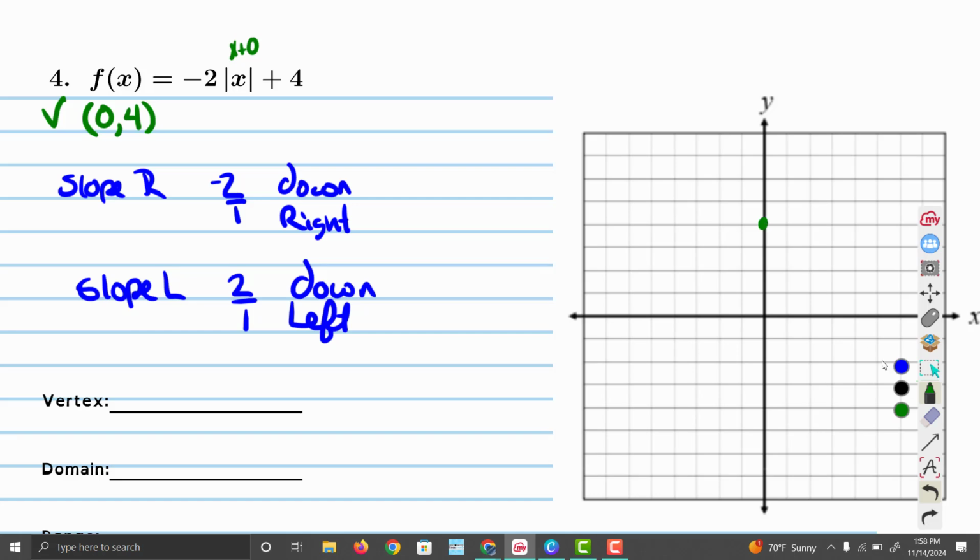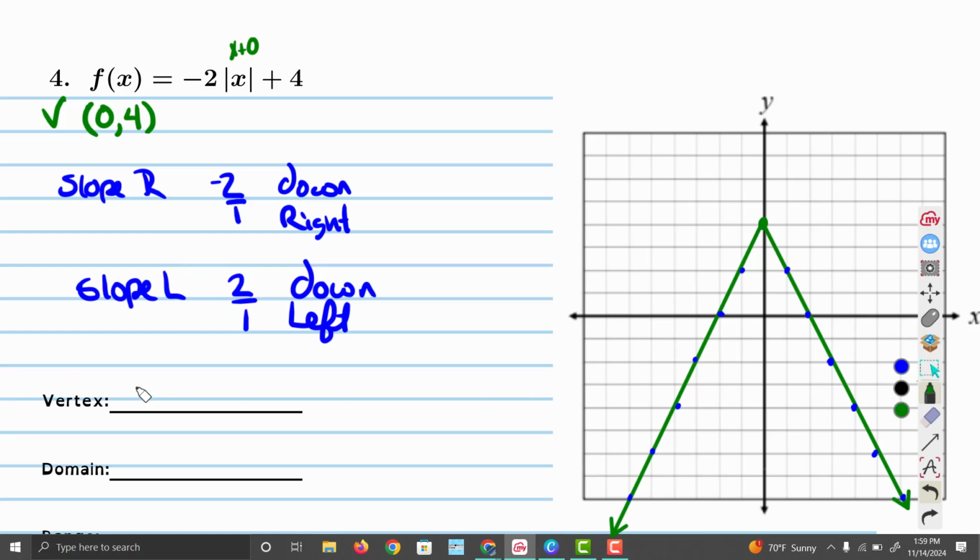My slope going to the right is -2/1. So I'm going to go ahead and fill that in until I run out of graph space. Now my graph going to the left is going to be a +2/1, which still means I go down, because left and down will result in a positive slope.